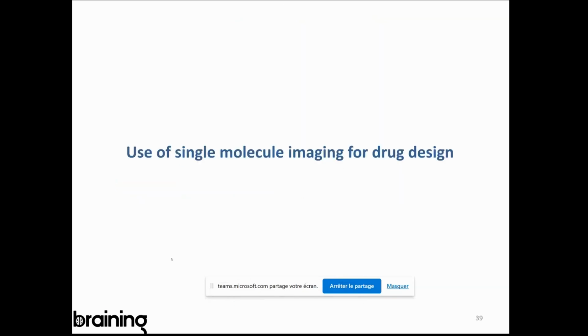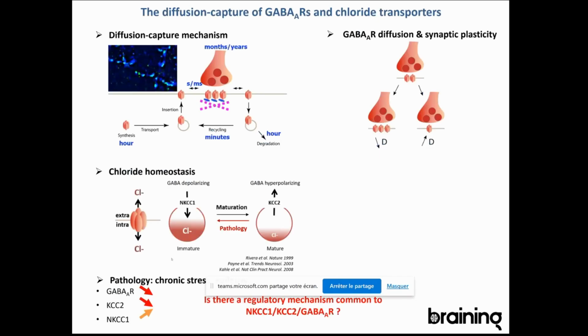And now, what we are doing right now in the lab is to use these different techniques to look at drug design. So very, very rapidly. As I mentioned, it's important to look at the mobility and the nanodomain organization to understand the mechanism of regulation of receptor at the synapse.